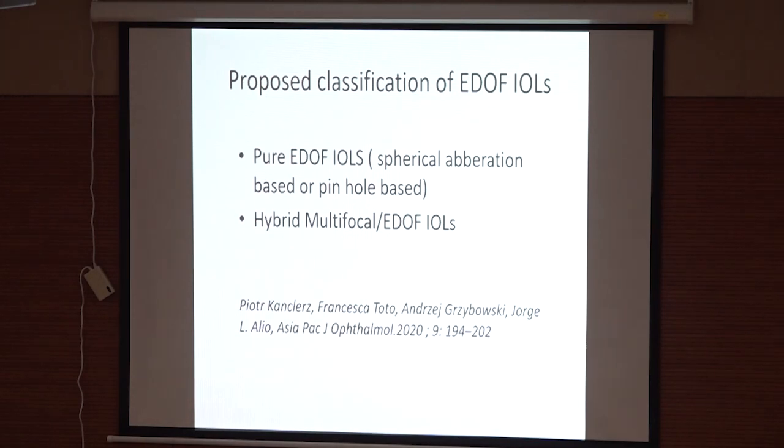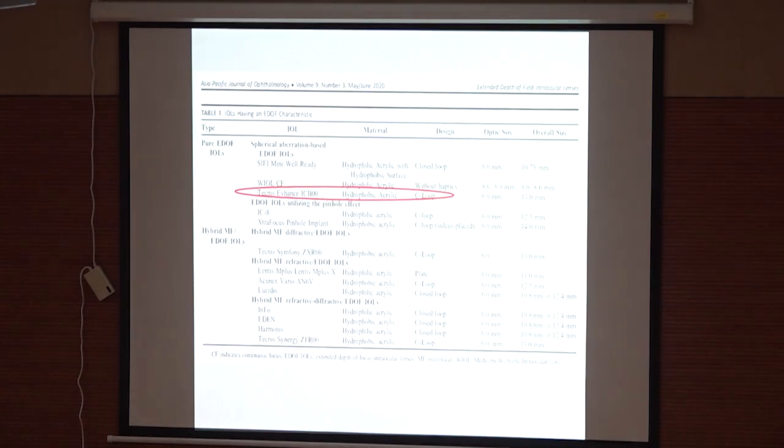One side is the pure extended depth of focus IOLs, which may be spherical aberration based or pinhole based. And then we have the combination with multifocal IOLs. And there's a chart which is there. I'll essentially be talking about the Eyhance, but there's this newer IOL I have no experience with, the Alcon Vivity.